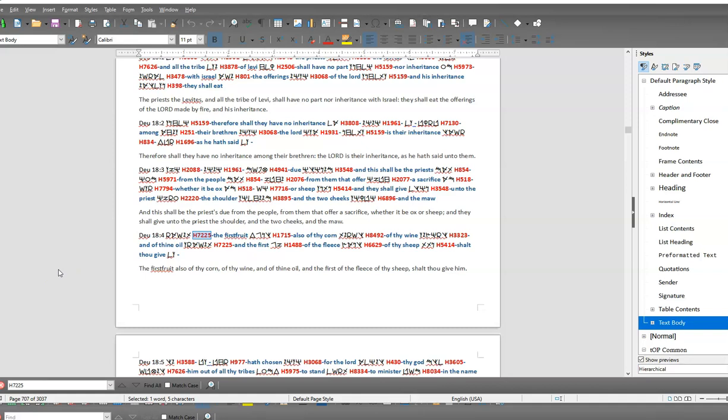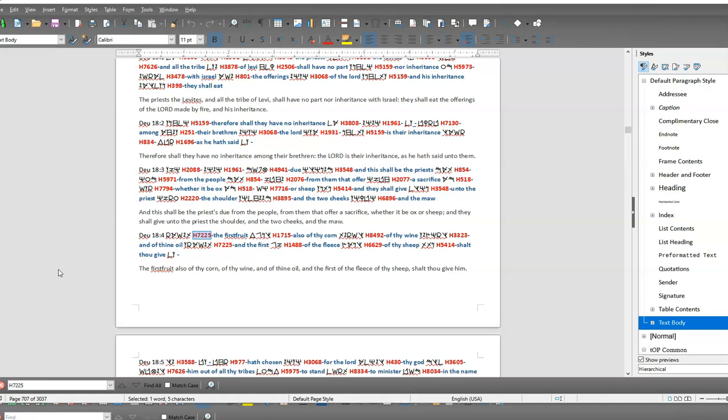But anyways, it's saying here in English, the first fruit also of thy corn and of thy wine and thy oil, and the first of thy sheep. It's same word, Rashit. I don't know why they didn't say the first fruit of the fleece of thy sheep shall you give him. Because I suppose if you're giving the first of the fleece of the sheep, that would be very little.